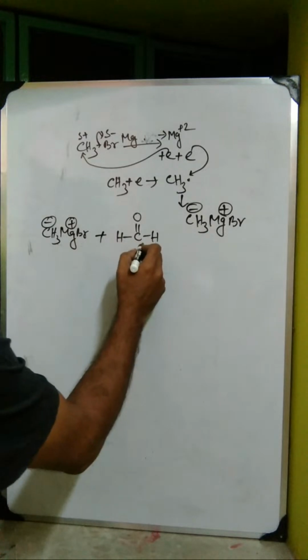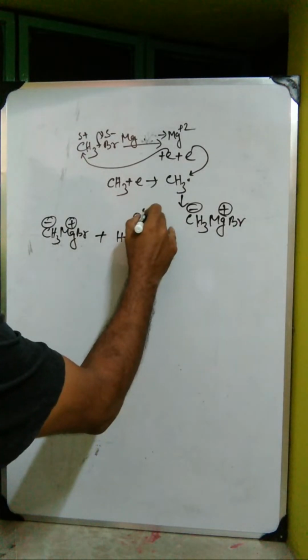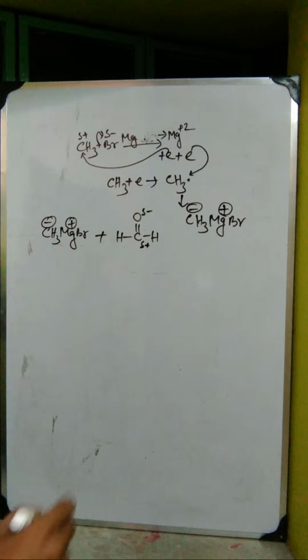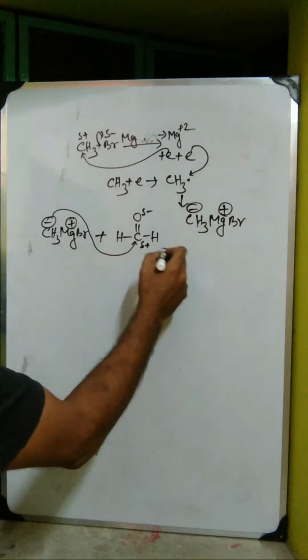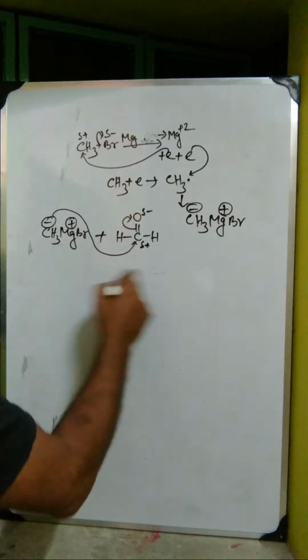So here it is del plus and del minus, and this is the electrophilic center where this CH3 minus comes to attack, and the pi bond is shifted to the oxygen atom.